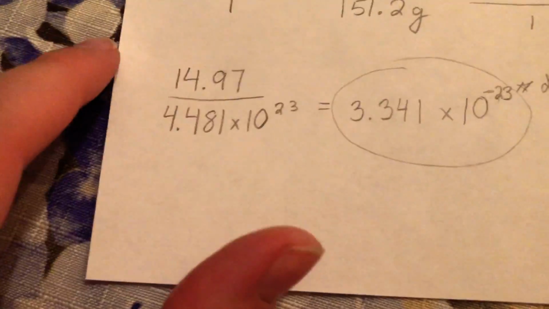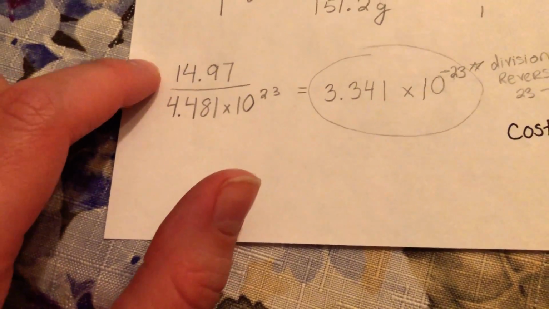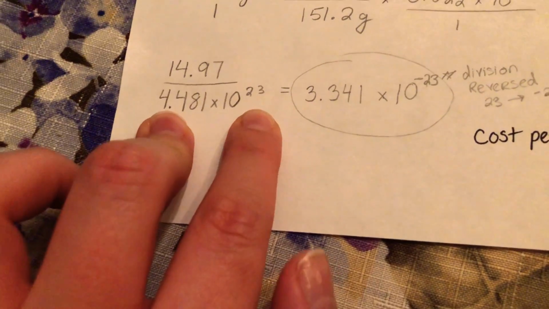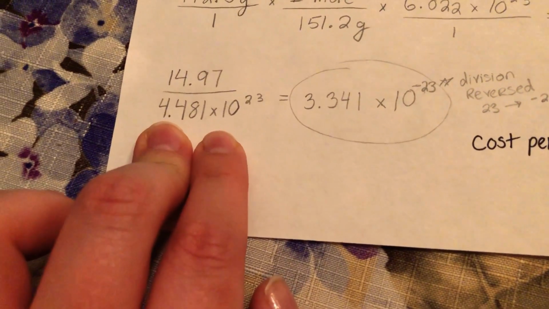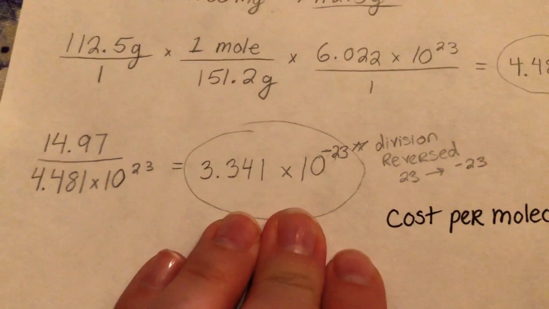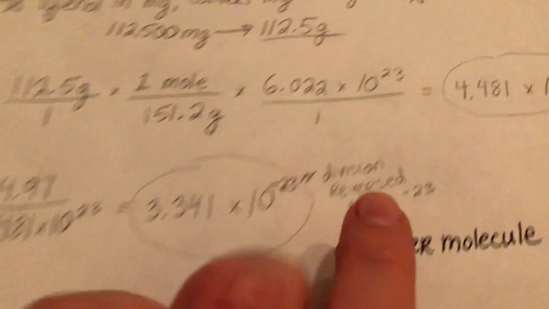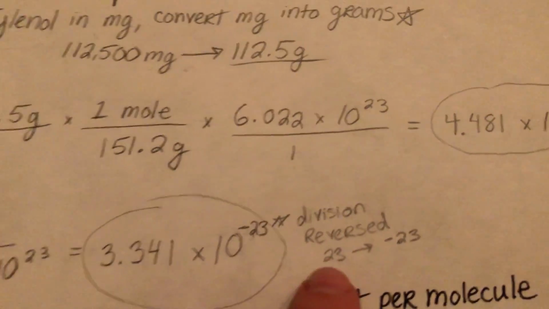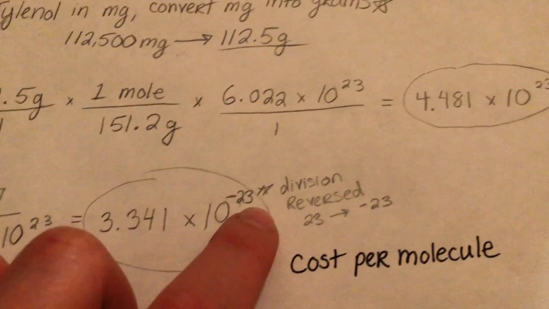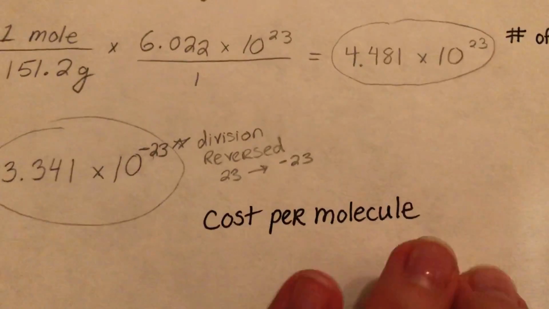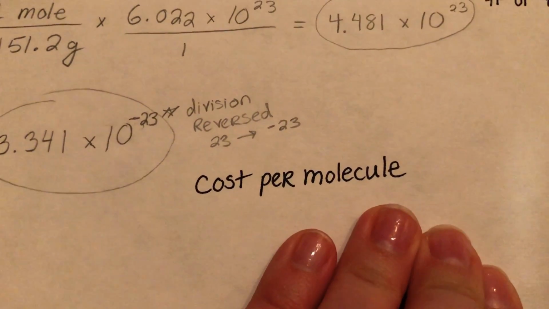I did 14.97 divided by parentheses 4.481 times 10 to the 23rd, and you end up with this. And then I had to make a note because when you do this, the division is reversing this, so it's negative 23. So that is the cost per molecule.